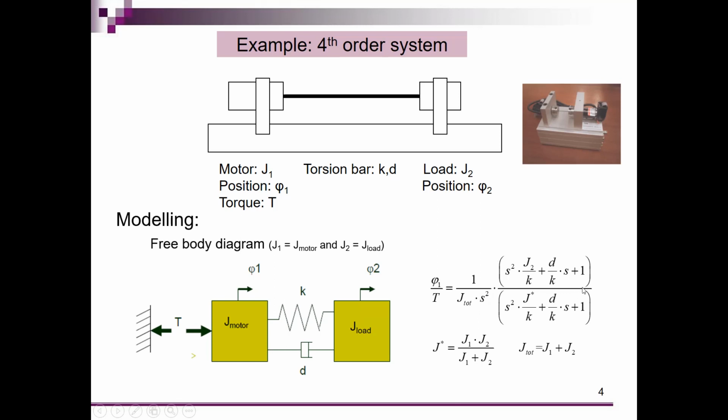Then we have a numerator, and that numerator has its lowest value at an anti-resonance frequency, which is equal to the square root of K over J2. And we have an expression in the denominator, which has its lowest value at an angular frequency equal to the square root of K over J star.